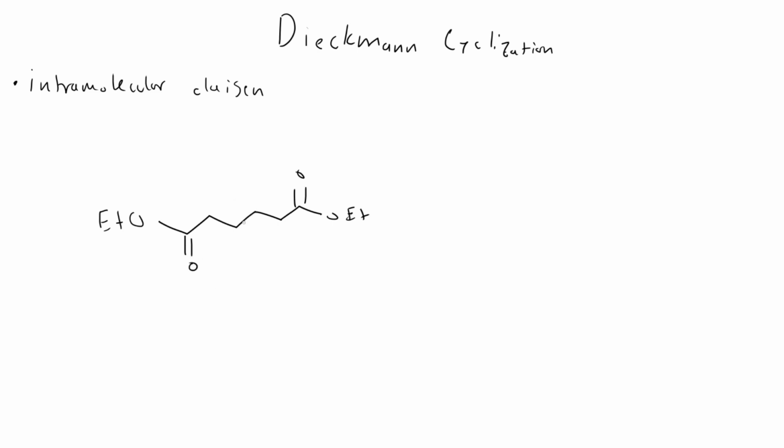Obviously there's outliers and bigger rings, but these Dieckmanns prefer to form 5 and 6 membered rings. Here, if I count up, we've got 1, 2, 3, 4, 5 atoms away from where this enolate's going to form if we use a base here to deprotonate it.